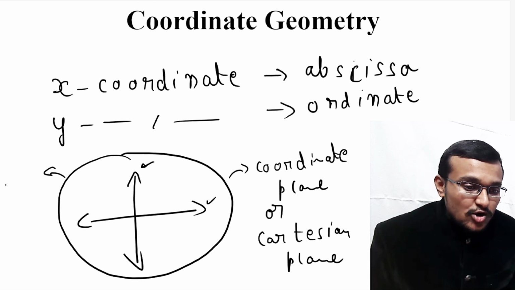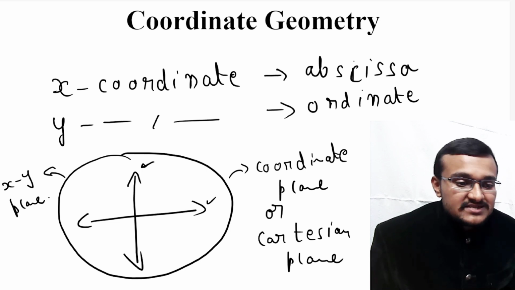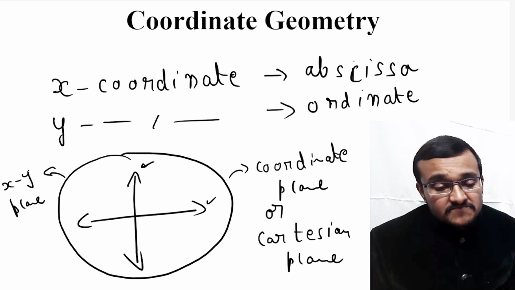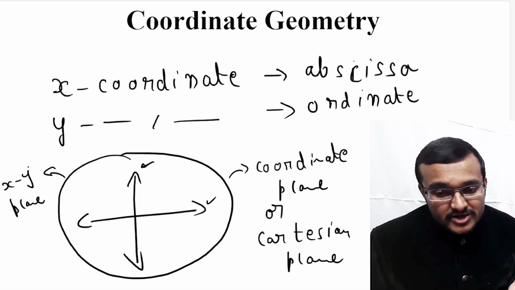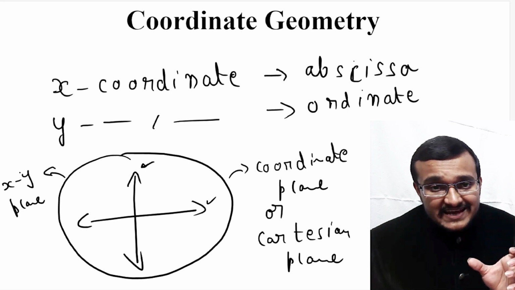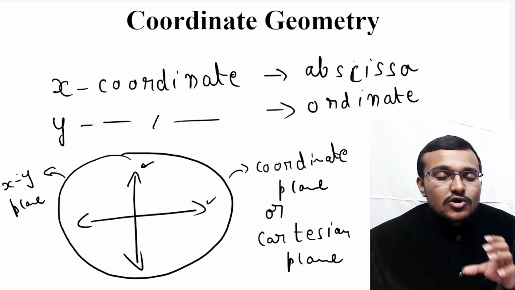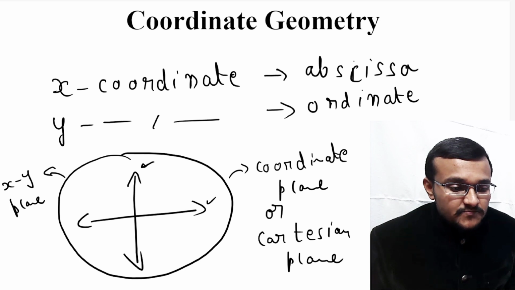This plane can also be called the xy plane, because here we are considering the x and y axes. So it is known as the xy plane, the coordinate plane and the Cartesian plane, and these two axes are known as coordinate axes. All these things I have explained in my previous video.